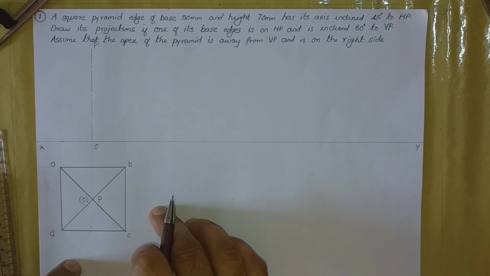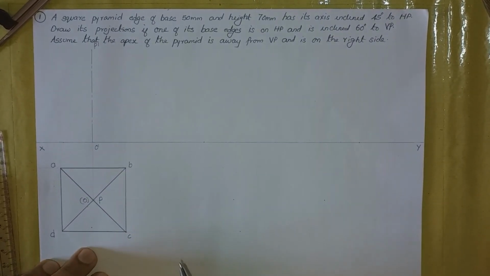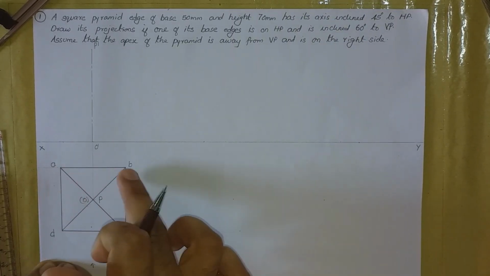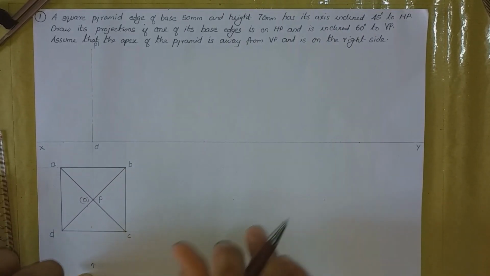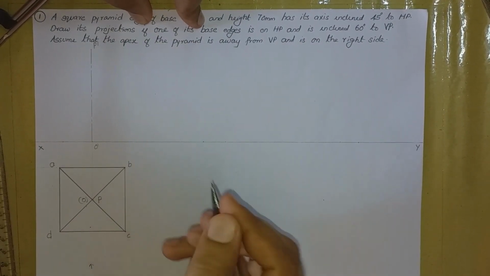Next, we shall mark the base corners A, B, C, D. So when you are observing from the front, that is in this particular direction, when you are observing the solid, D and C will be visible and A and B will be invisible. Okay, so we shall mark the visible points first.